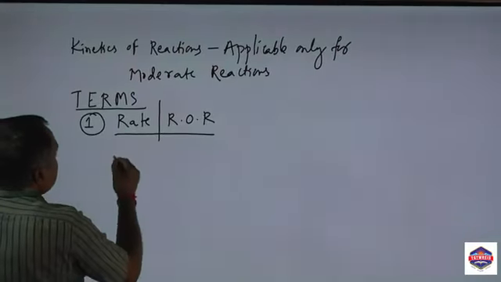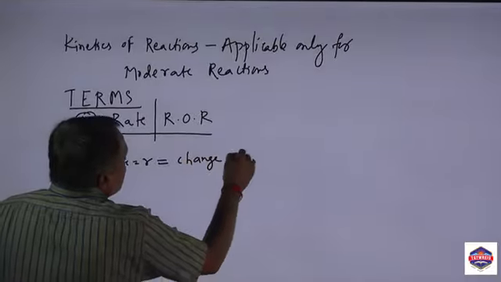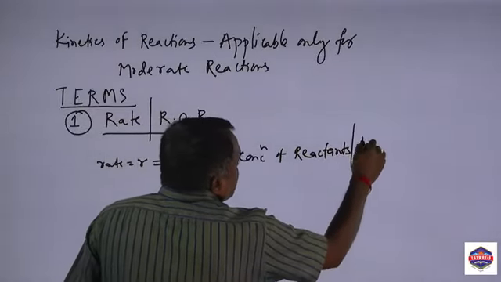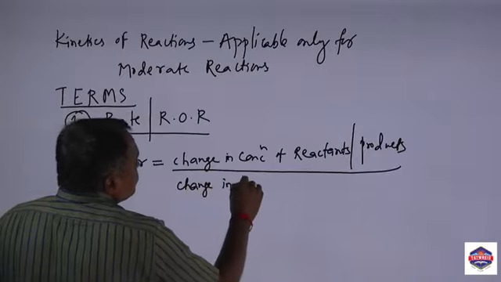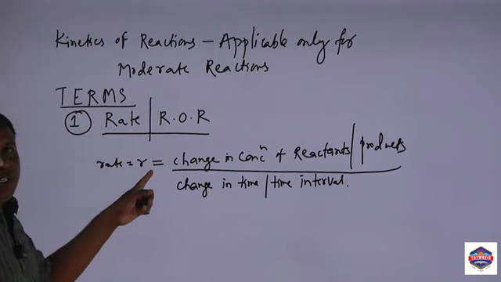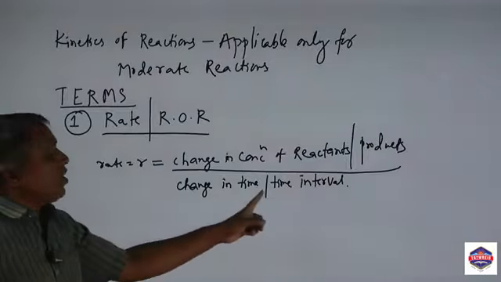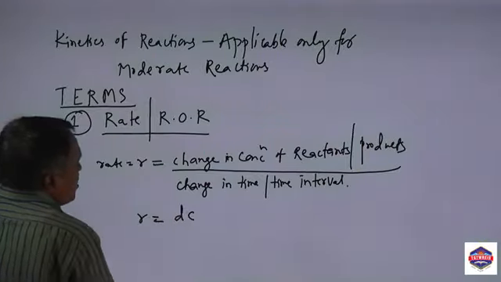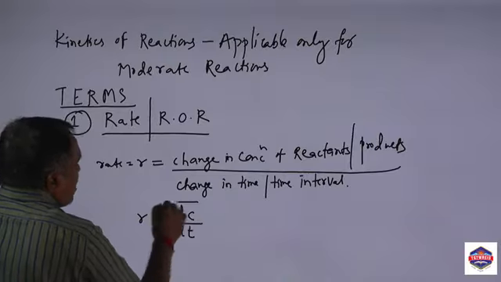Rate is generally represented by R, and it is equal to the change in concentration of reactants or products by the change in time. So R is equal to dC by dt.